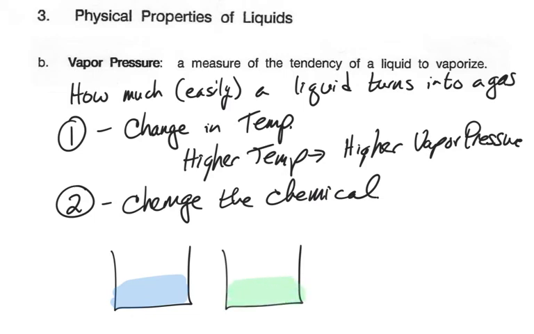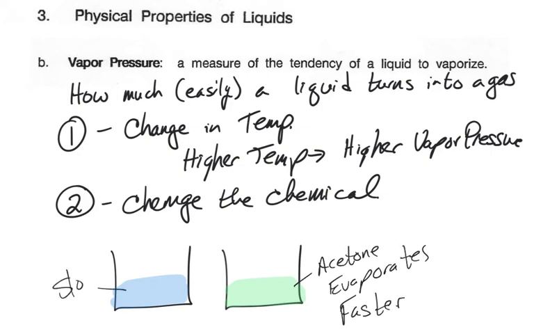You ever spilled acetone on your countertop? Which one evaporates faster? The acetone evaporates faster. Does everybody follow that? Okay. So this guy evaporates faster. So what does that mean about its vapor pressure?